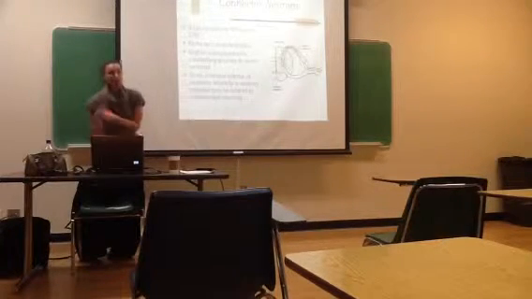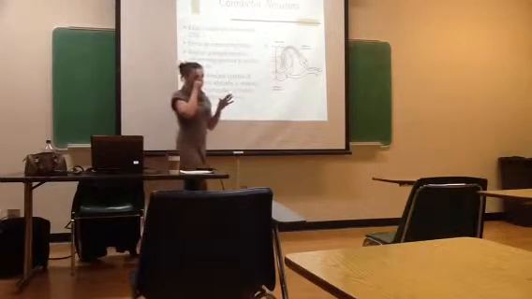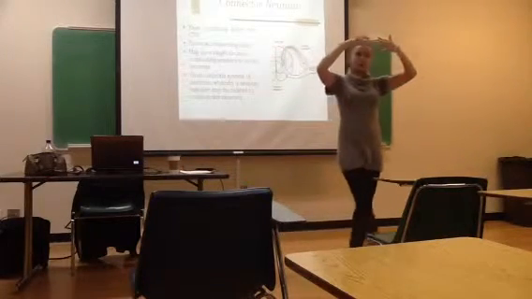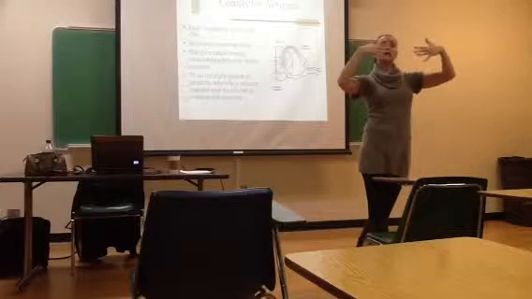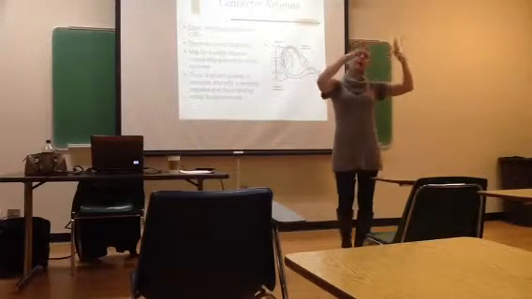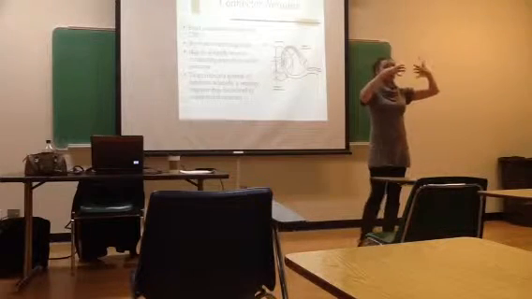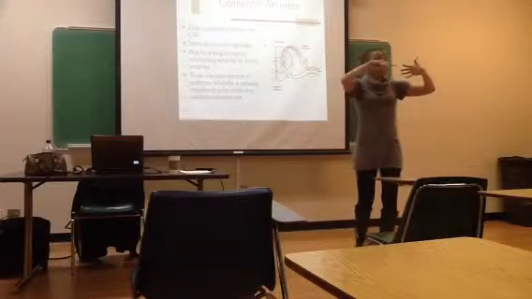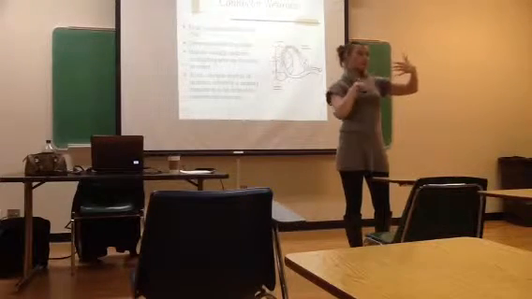Okay, so we don't always have a direct synapse between a sensory terminal branch and the dendrites of a motor neuron. Sometimes in the spinal cord, where the dendrites of the motor neuron are and the terminal branches of the sensory neuron are, there are connector neurons. They just connect.